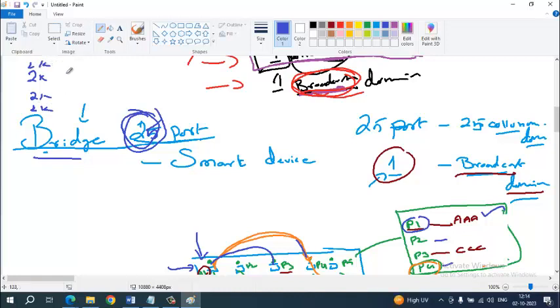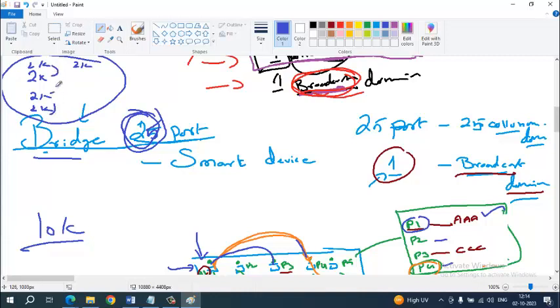Managing 5 children is not easy. So you need one guy who can carry all 10 kg. Connecting more bridges is not a good idea. Let me put it in a better way. See this and this, which one is good? Let's say this can accommodate 10 kg. This is 5 kg each.